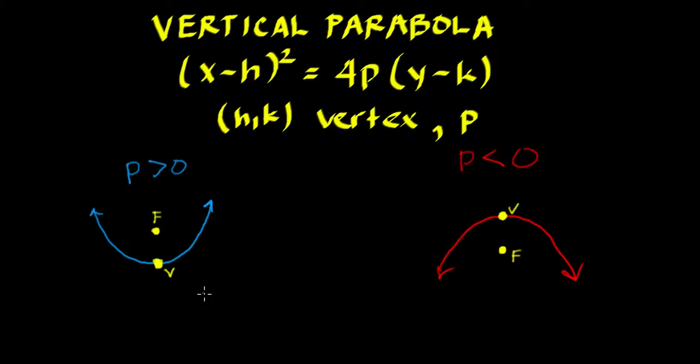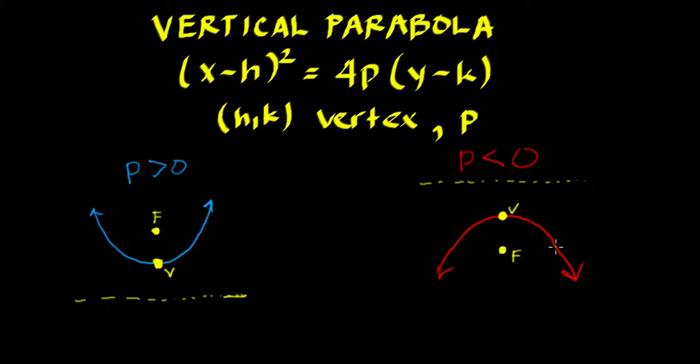Now, remember, the definition of a parabola is a set of points that are equidistant to both the focus and the directrix. So if the vertex was this many spaces away from the focus, then the directrix must also be that many spaces away from the vertex. And this is what's going to give us our directrix right here, and our directrix right here.